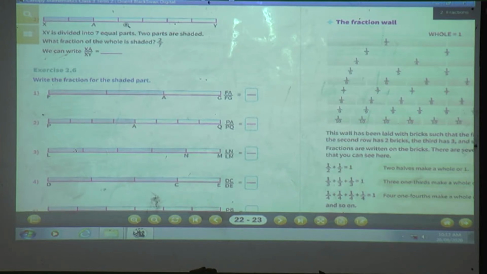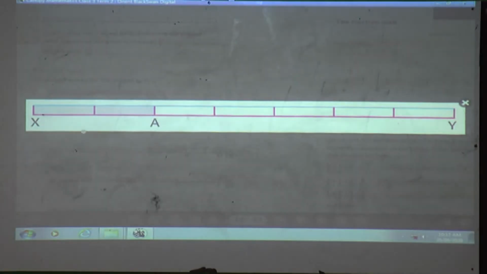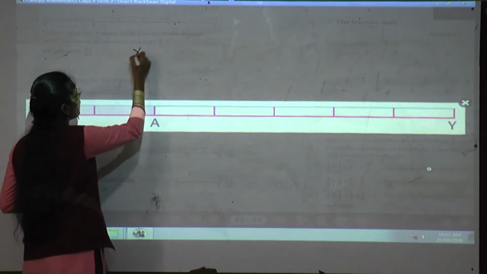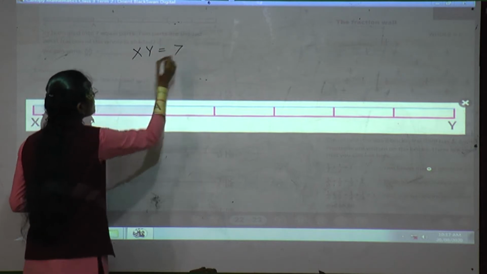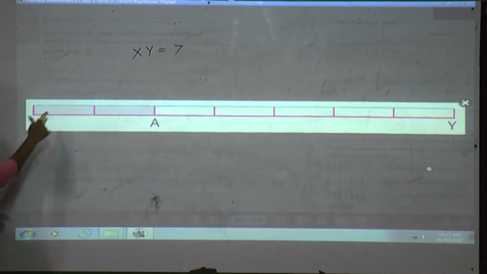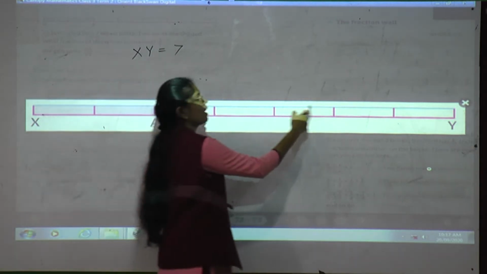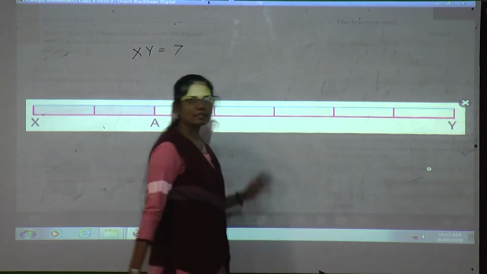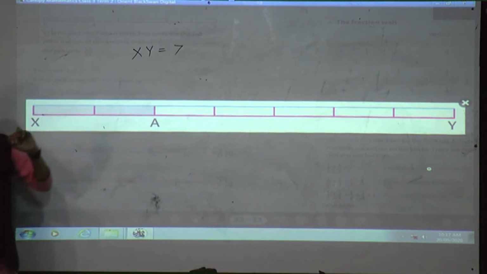See here, XY. This XY is divided into how many equal parts? Let us count. 1, 2, 3, 4, 5, 6, 7. XY is divided into 7 equal parts.